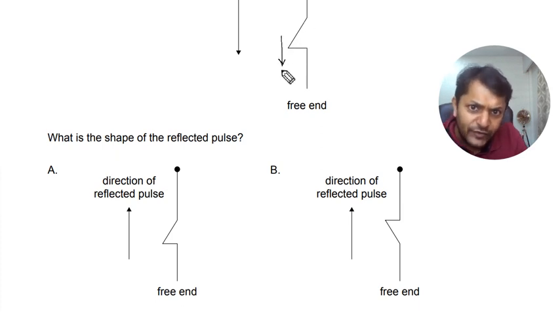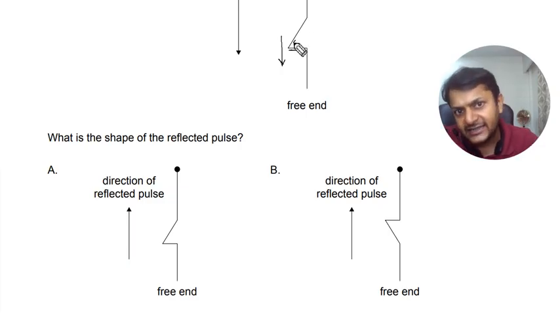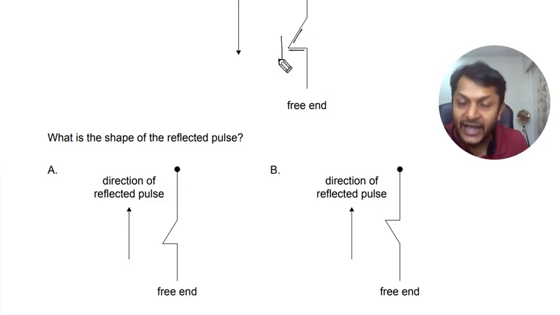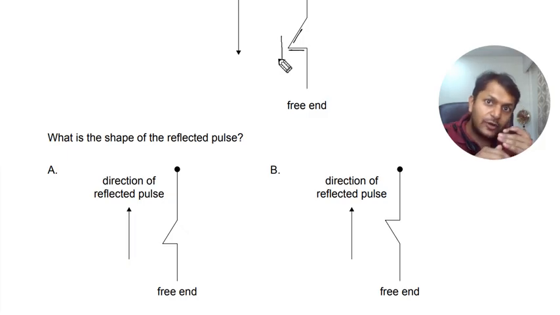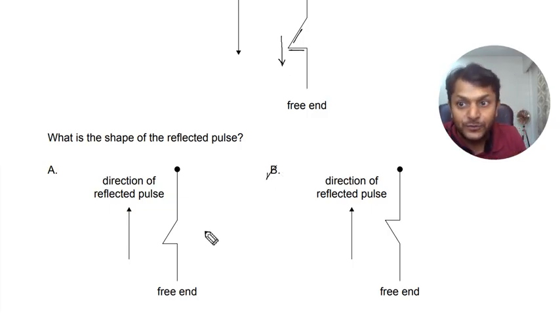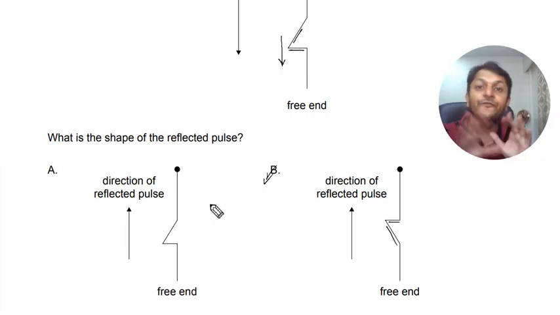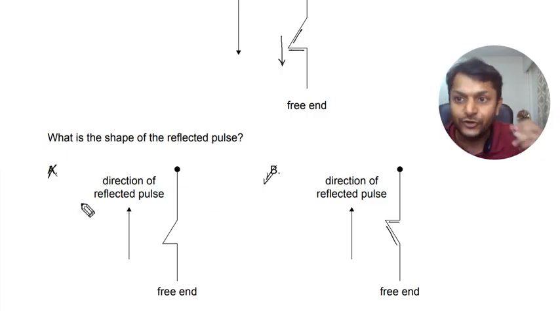When the pulse is moving like this, this end is taken to be the front end, and this can be taken as the trailing end. So when it is going the other way around, even then the front will be front and the trailing end will be the trailing end, and that is the only case in option B. For example, this is still the front and this is still the trailing end. So B is the correct option for this question and A is still wrong.